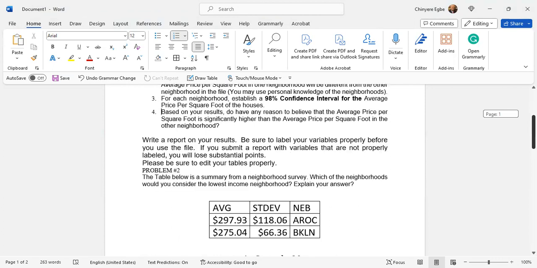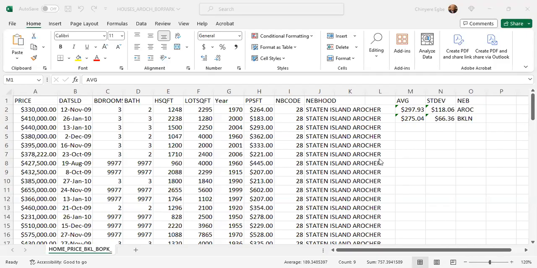So now I'm going to stop share this and share the Excel file on which it is based. Okay, so here is the Excel file. And so this is the original data. So you use this original data and calculate the average price per square foot for this neighborhood.